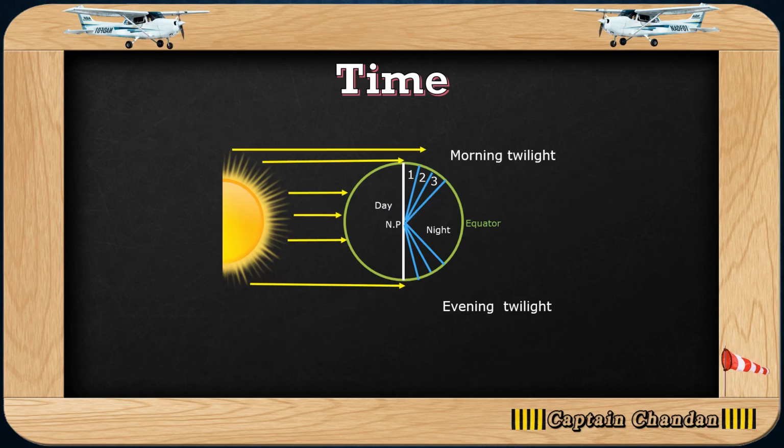If you see from above the North Pole, the front part of Earth near the sun is day and the opposite part of Earth is night. And sections 1, 2, 3 are called twilight, where sun rays are partial. Later on we will know the type of twilight for sections 1, 2 and 3. So in this picture there is a morning twilight and an evening twilight.